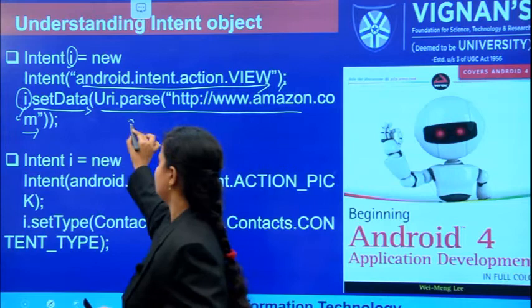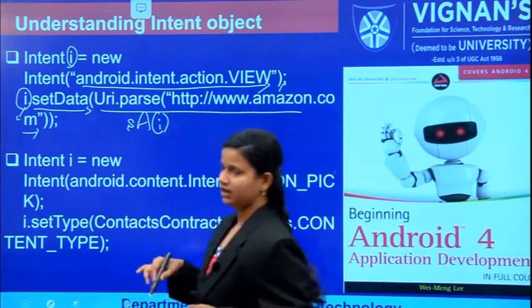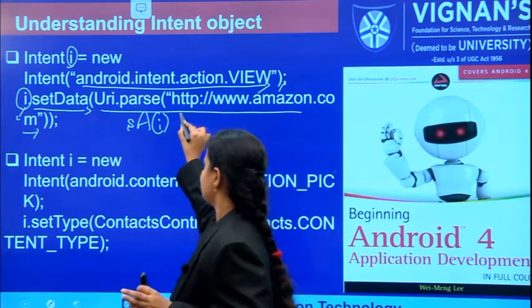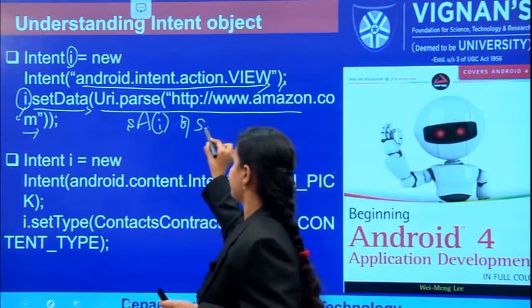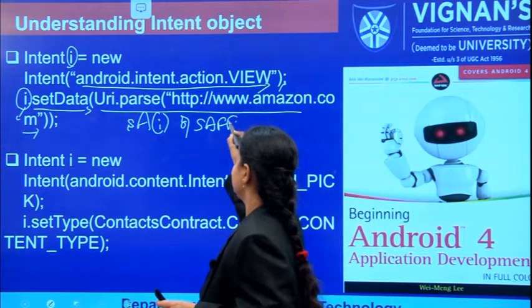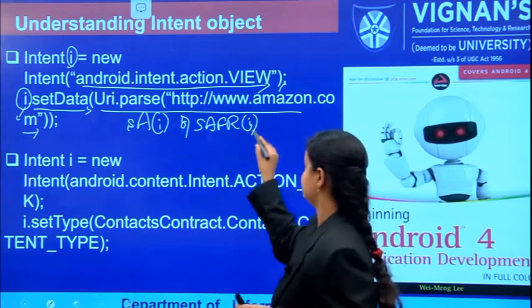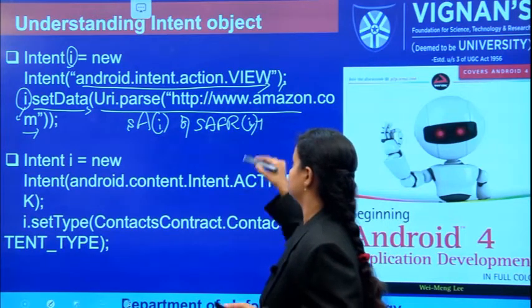Only when you give startActivity of i will it start your intent. Otherwise, the other method to start your intent is startActivityForResult of the object, for which we require a request code.